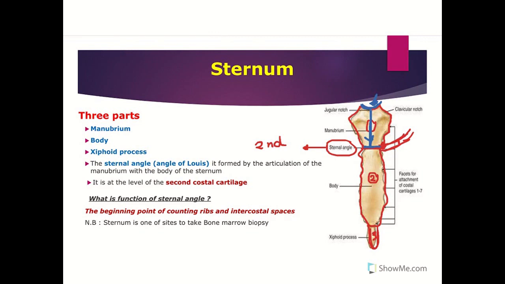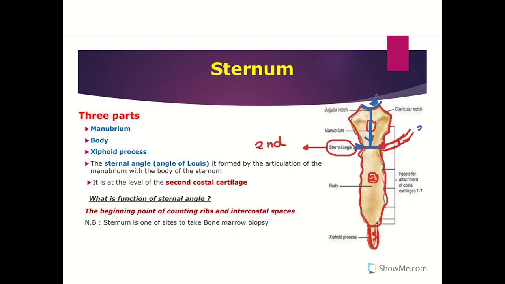You can train yourself to feel this transverse ridge between the manubrium sterni and the body of the sternum, and here you can identify the attachment of the second rib. So here you can find the second costal cartilage and the second rib. And from this level downward, you can count the spaces and the different ribs.